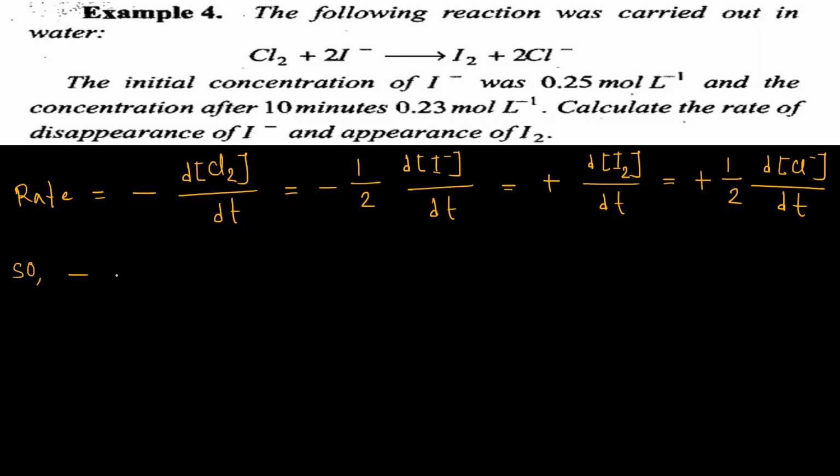So negative sign of d[I minus] upon dt is equal to, here final concentration is 0.23 minus initial concentration 0.25, and it has taken 10 minutes, but we have to keep the rate of disappearance positive, so we have to give a negative sign before it.